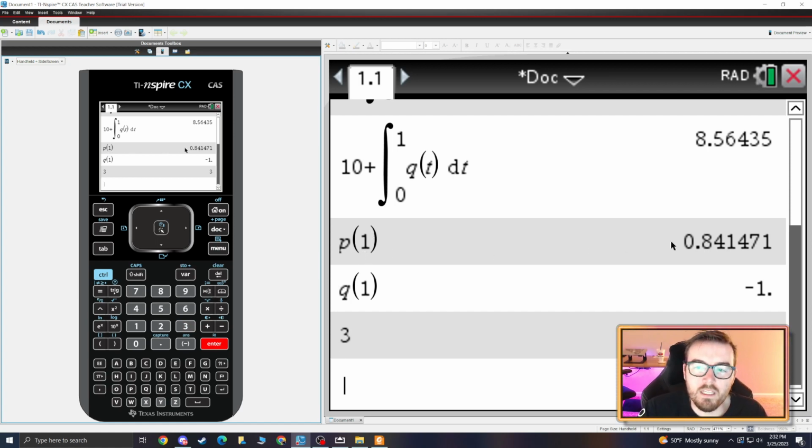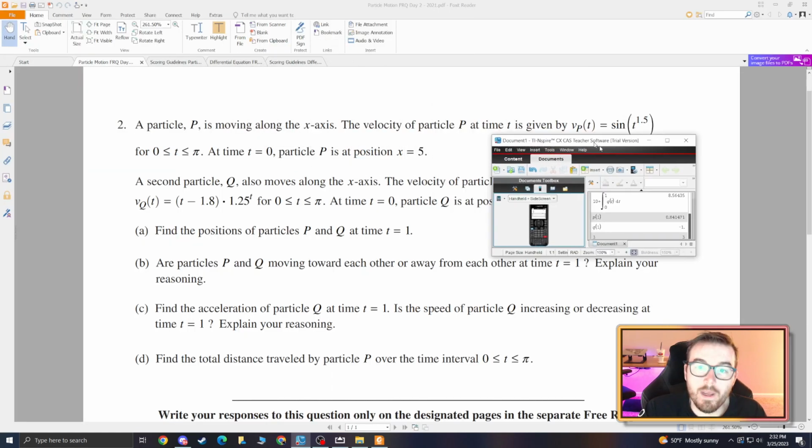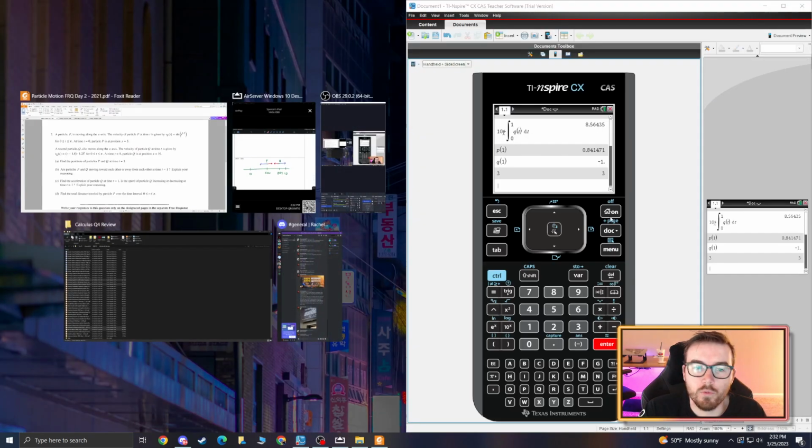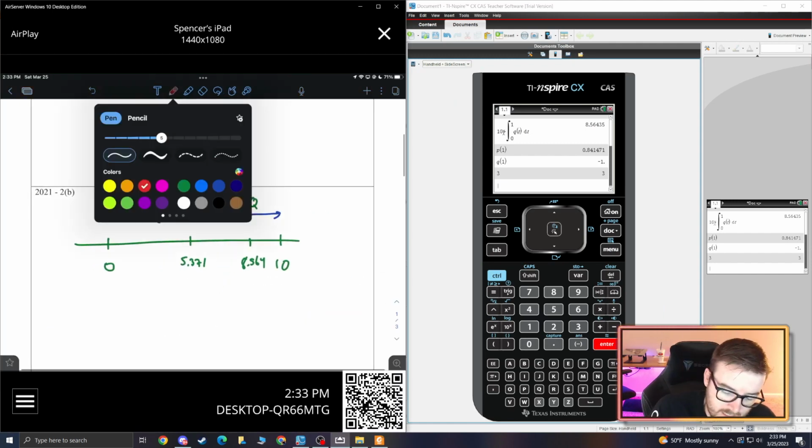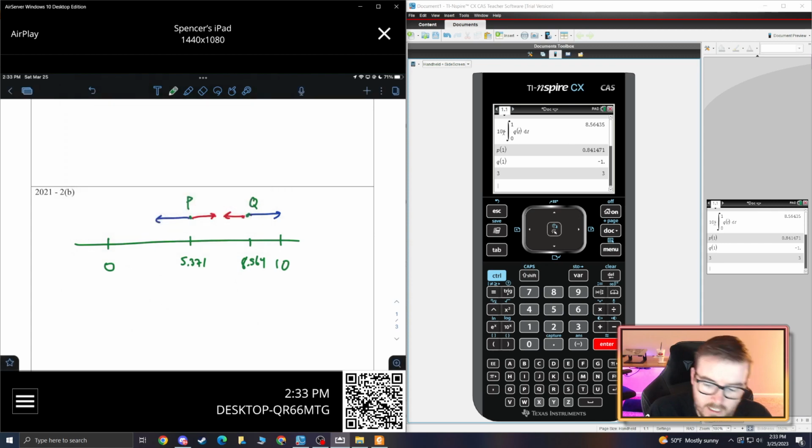So particle P has a positive velocity and is therefore moving to the right. Particle Q has a negative velocity and is therefore moving to the left. So it does say to explain your reasoning. So we need to be precise here because explain your reasoning is important and requires specific detail.